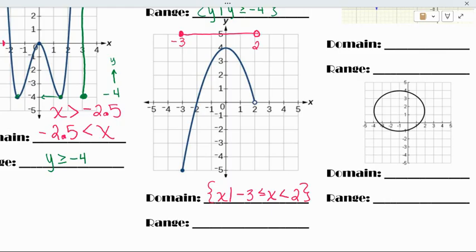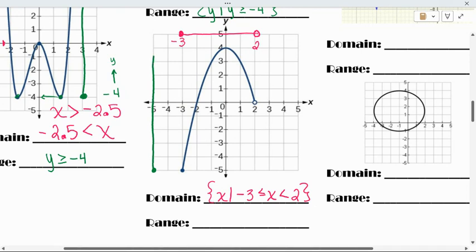Now I'm going to look at my range. When I look at the very lowest point on my graph, it has a closed circle. And then I'm going to follow it up to the highest point on my graph, which is actually right here at 4. It's touching the 4, so that's also going to be a closed circle. The lowest point lines up with negative 5, and the highest point lines up with 4.